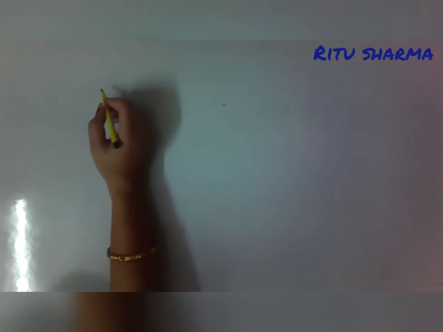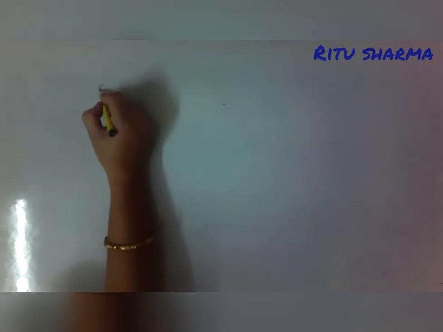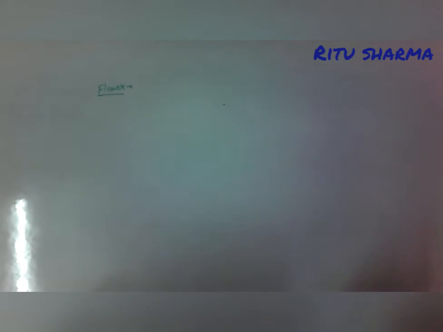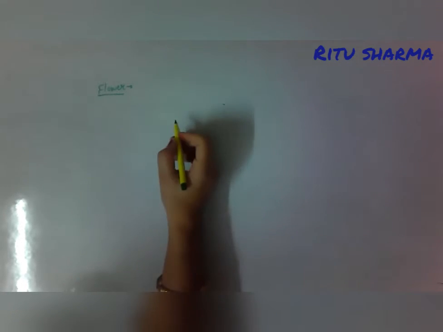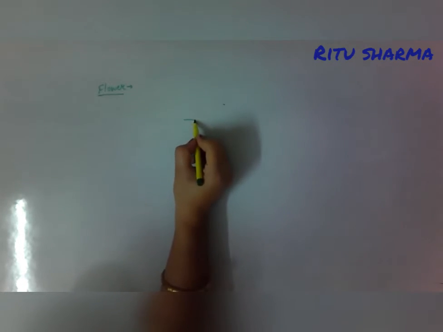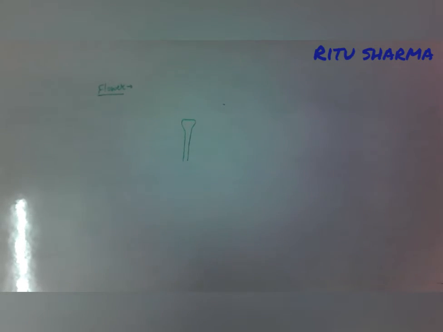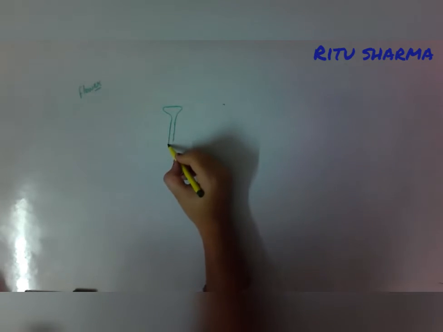Let's start. The first topic of your chapter is: flower is an organ of angiosperm. The structure of a flower you all studied in your 10th class. So let's see. This is the female part of the flower, consisting of stigma. The second part is style, and the last part is ovary.